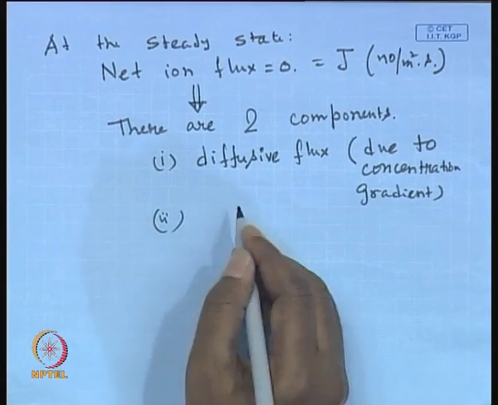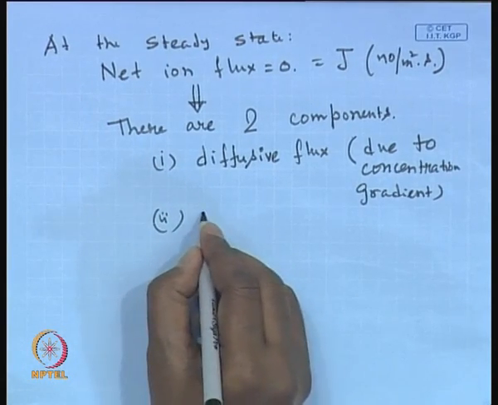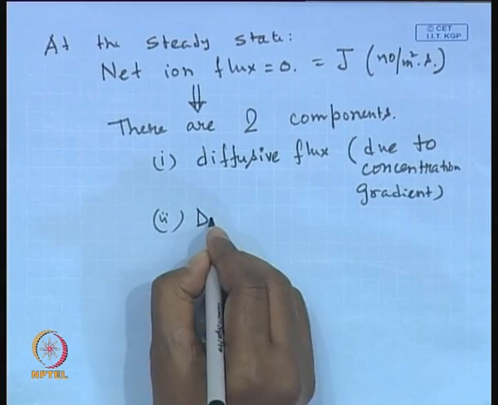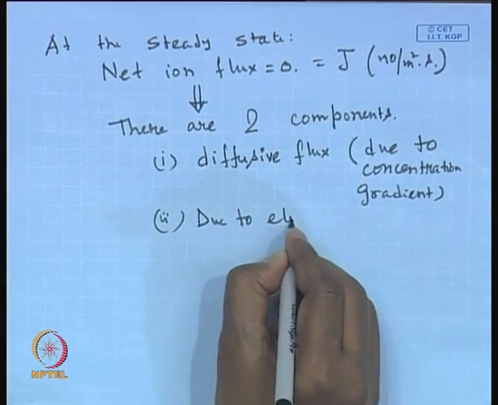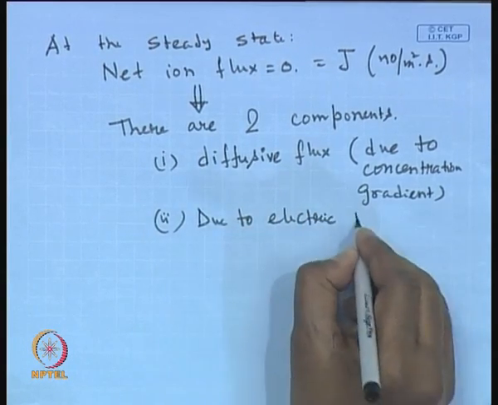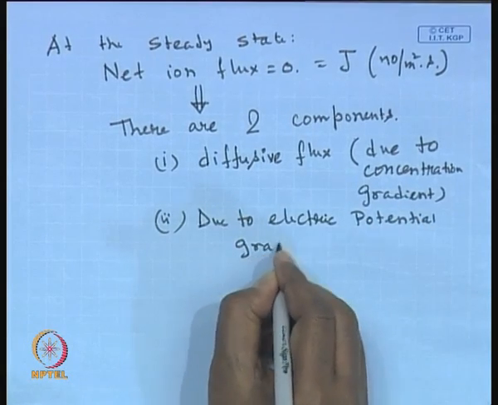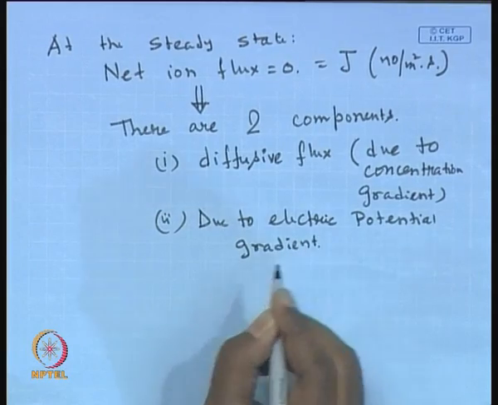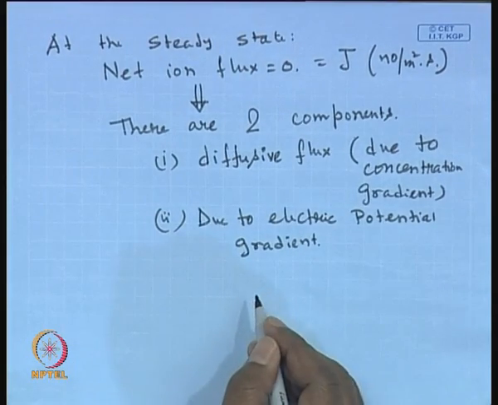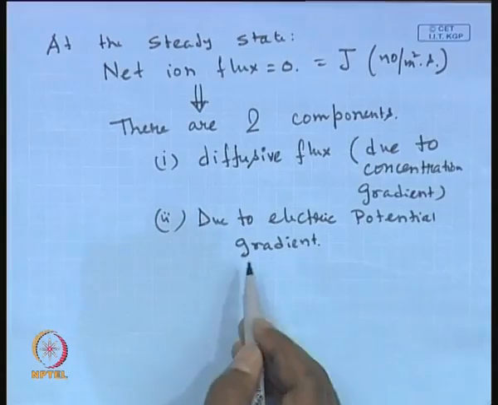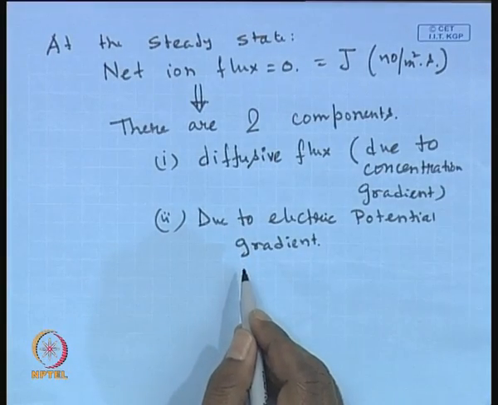Secondly, flux due to electric potential gradient. Okay. Since there is an electric potential present, and this potential will be different between the two locations, that gradient will drive the ions from location 1 to location 2. So, because of these two fluxes, the net flux will be equal to 0.